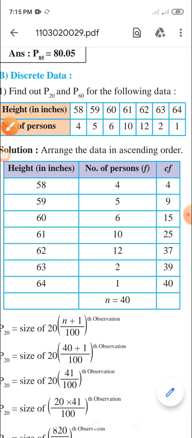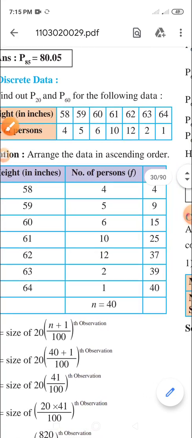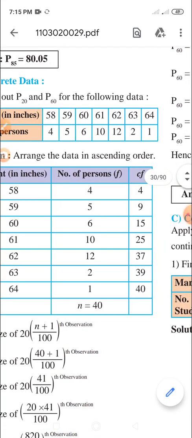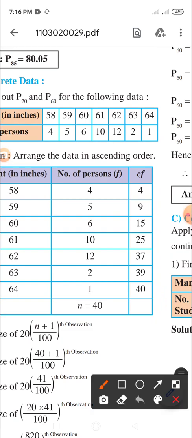Next step, calculate CF. CF means cumulative frequency. The cumulative frequency for the first data is the same as the frequency of the first data, that is 4. 4 plus 5, 9; 9 plus 6, 15; 15 plus 10, 25; 25 plus 12, 37; 37 plus 2, 39; 39 plus 1, 40.